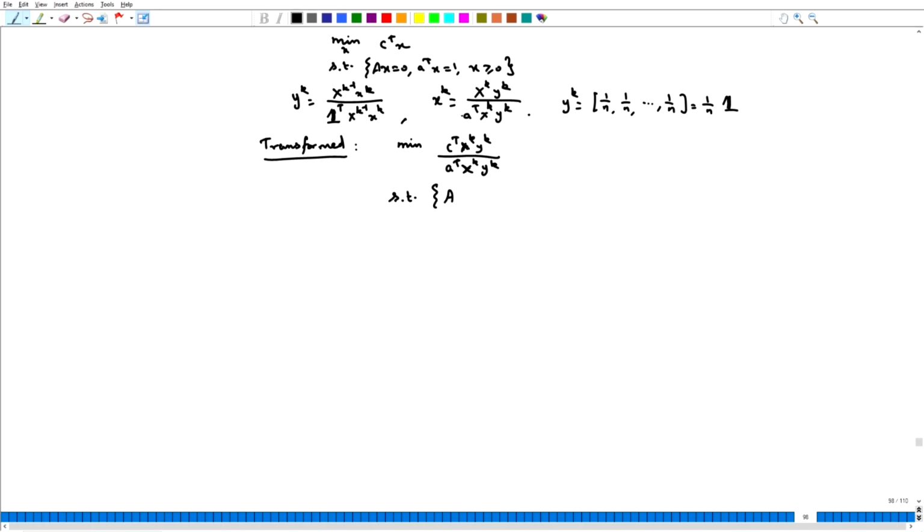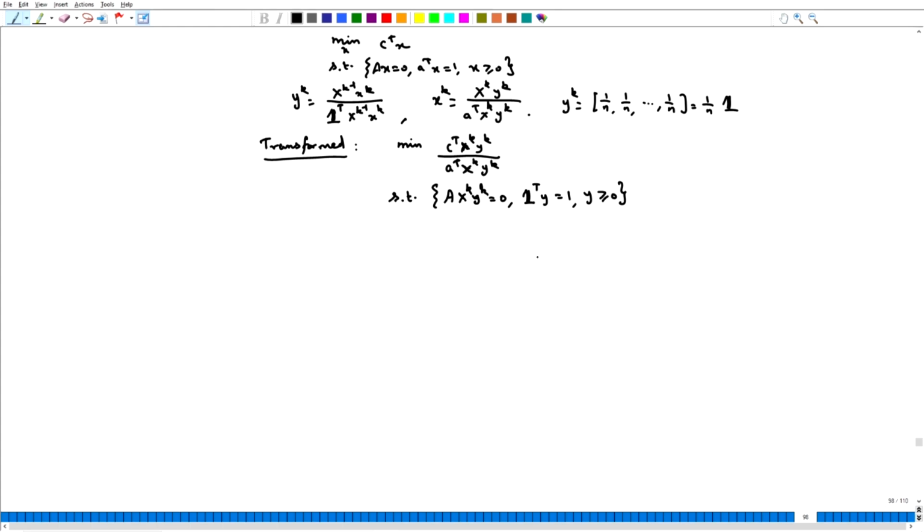Note that the denominator does not matter because the right hand side is 0. So, this just becomes A Xk yk equal to 0. And a transpose x has become 1 transpose y, so this gets converted to 1 transpose y equal to 1, and y greater than or equal to 0.